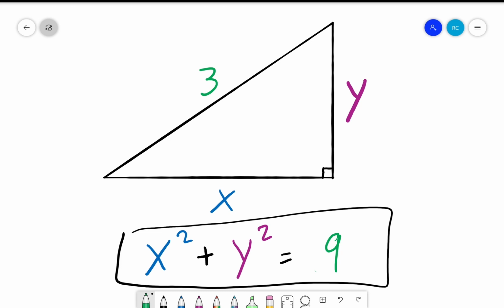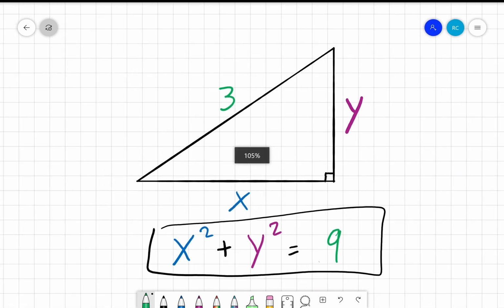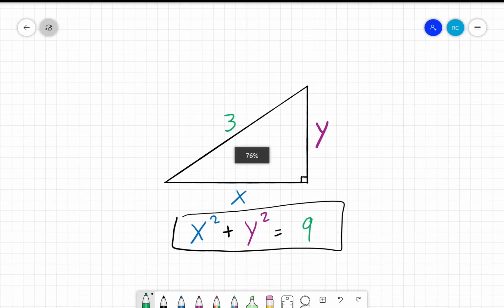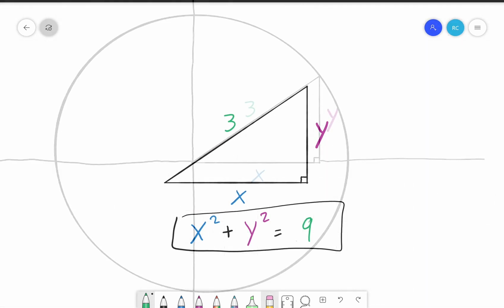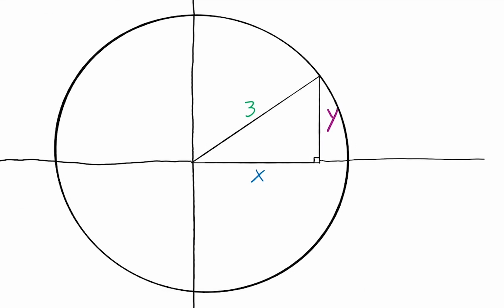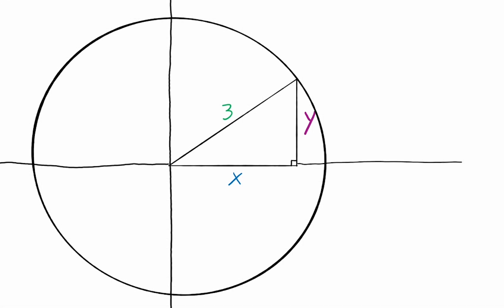Now, why am I talking about right triangles when we are in a unit about circles? Well, what if we were to take this right triangle and made the hypotenuse the radius of a circle? Now, let's remember the actual definition of a circle.